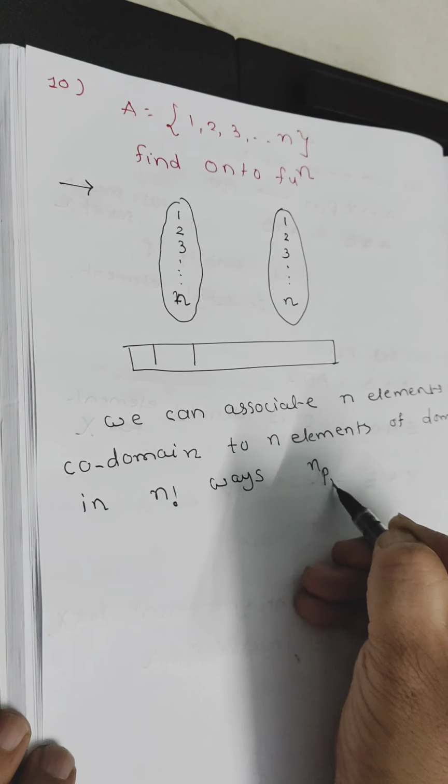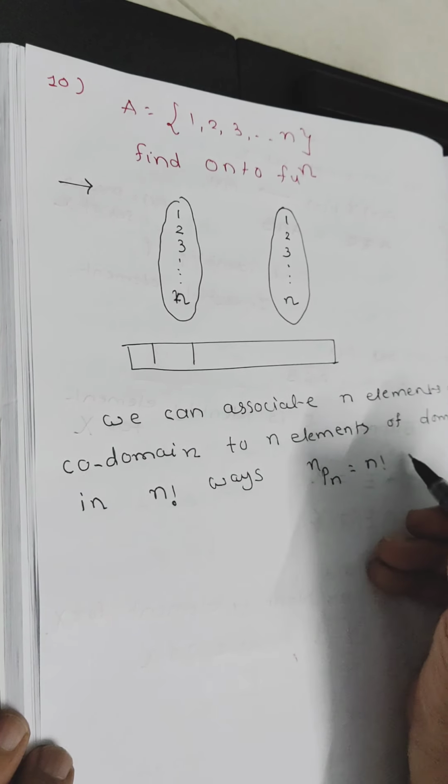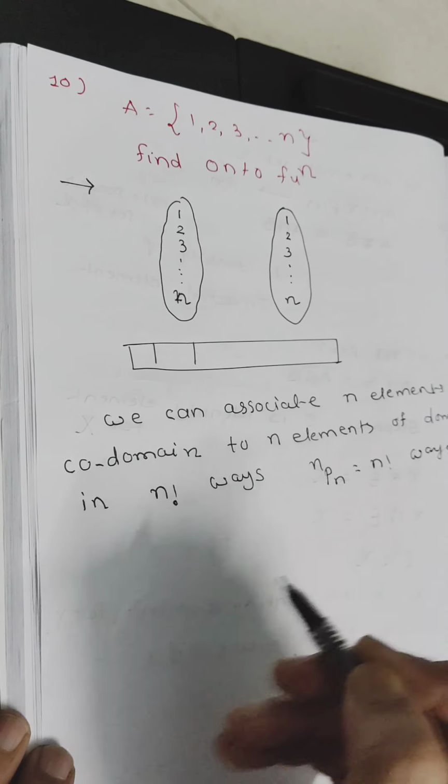Otherwise, nPn is equal to n factorial ways.